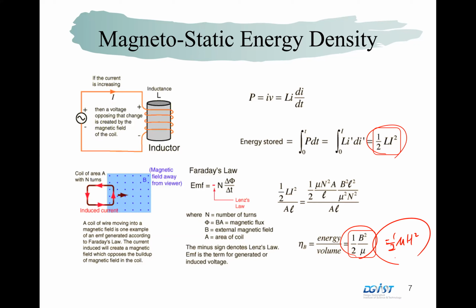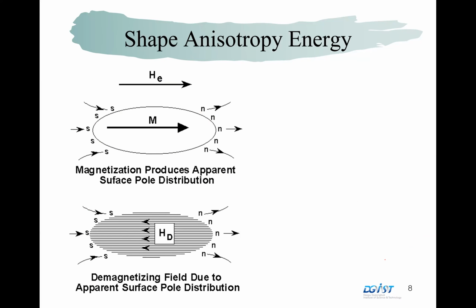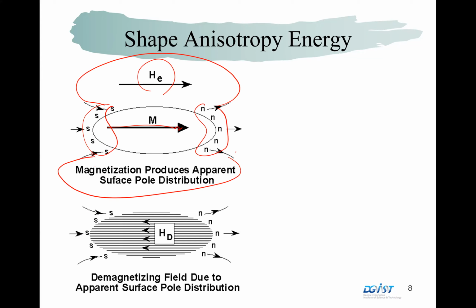I think. Okay, so this is a reminder. According to this magnetostatic energy, we have an external field and a magnetic moment here. There are north and south poles here because we generate such a field. Okay.